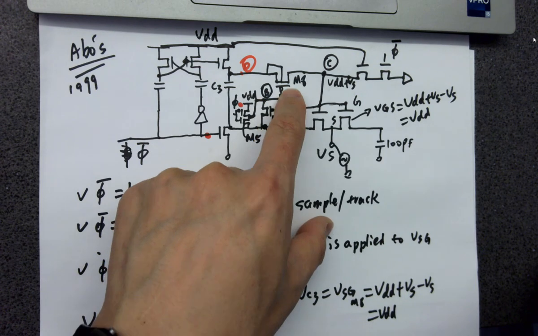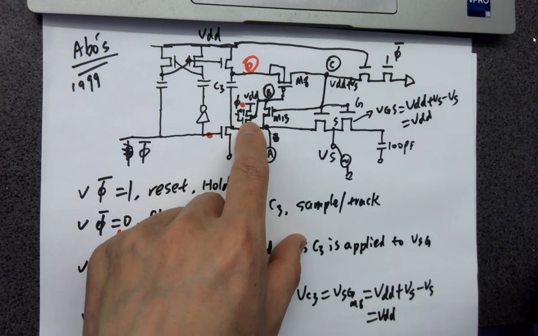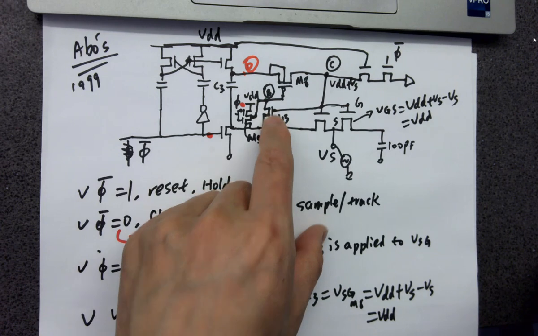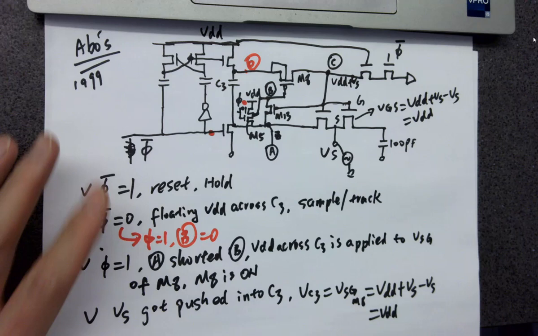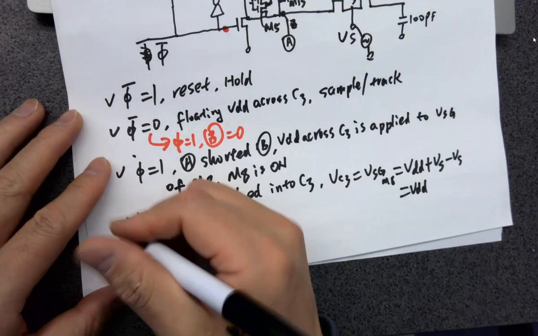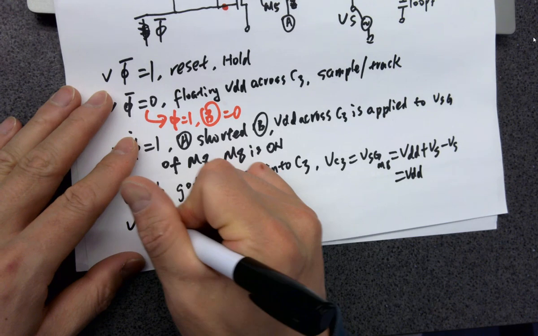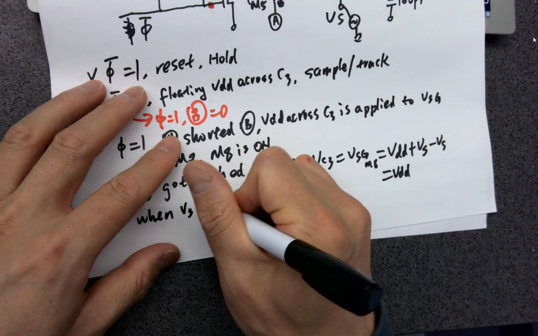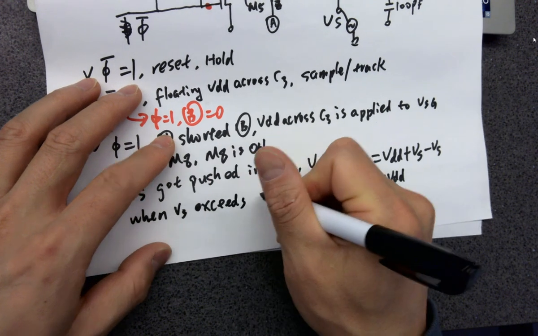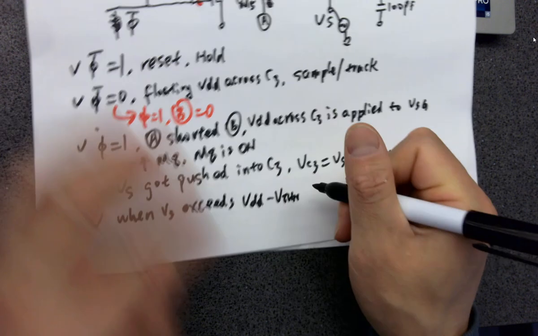And in that case, just in case this transistor is off, this will still be on to pass everything to B. So the point to have M13 is when VS exceeds VDD minus VTHN. Usually we don't do that.